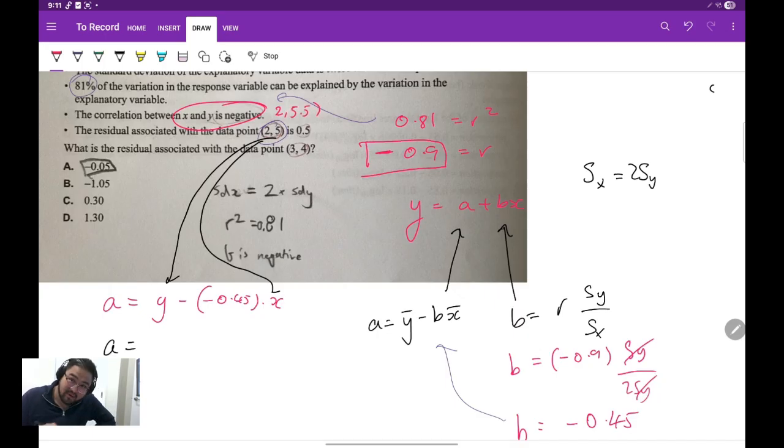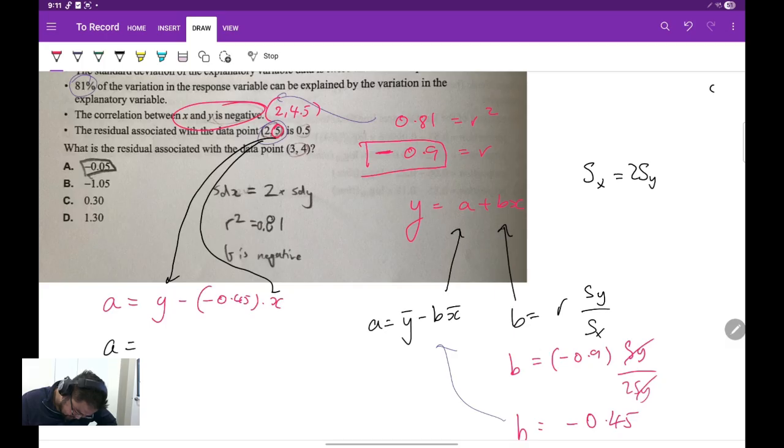So my actual coordinate based on theory is 2, 5.5. So it's actual minus predicted. Oh, sorry, other way around. Actual minus predicted. So that means this is the actual value. My predicted value is this. And if the residual value is this, it means that my actual was more than my predicted. So that's why my point is 4.5.